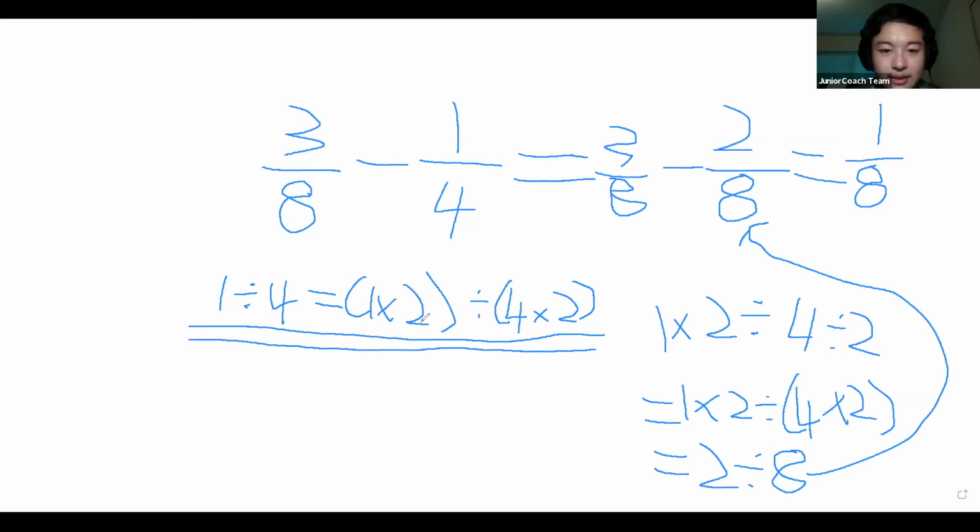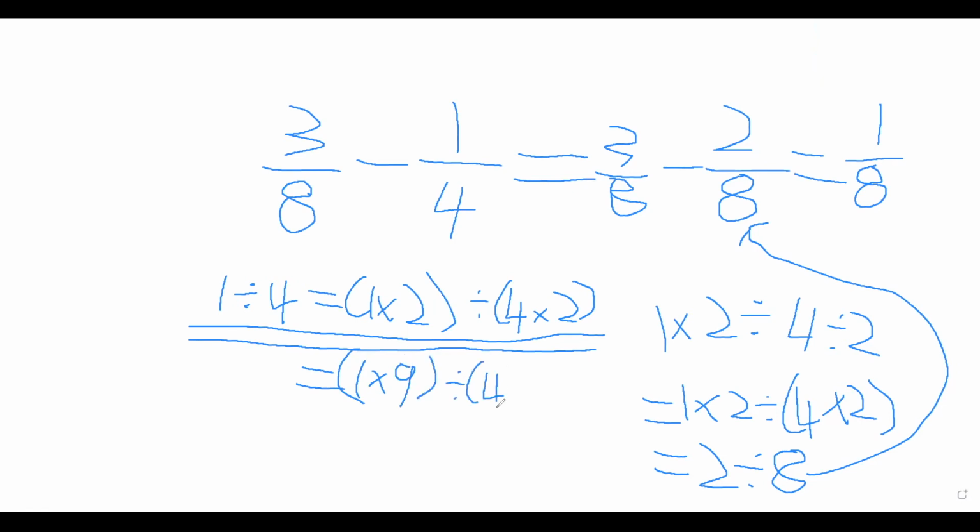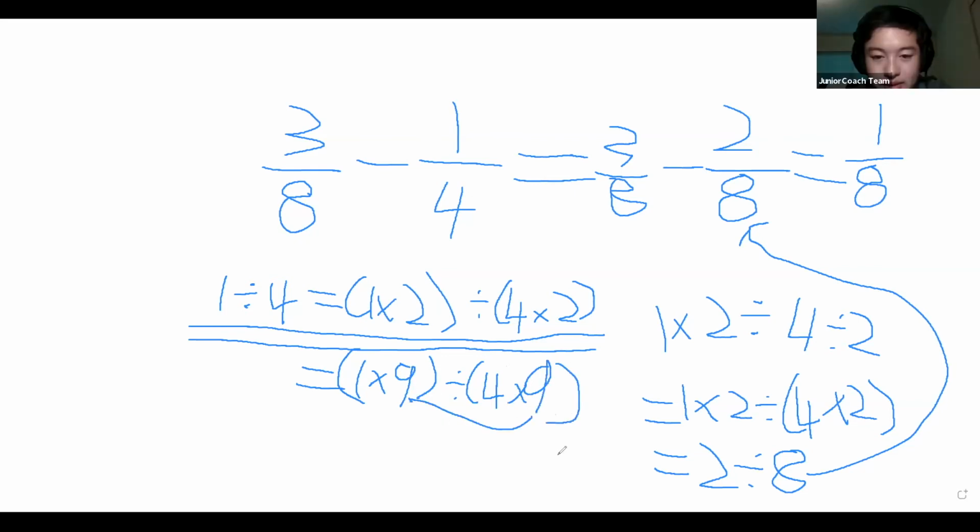This is very important. It works for basically anything, like 1 times any number, for example 9. You can do anything as long as they're the same number, which is just multiplying the top and bottom by the same number. Are we good?